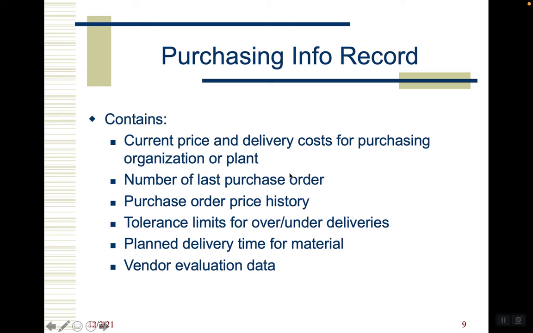It contains price and delivery cost, last purchase order date, last purchase order, the price history, tolerance levels for over and under delivery, delivery time, and vendor evaluation. So there's some pretty useful information in this.